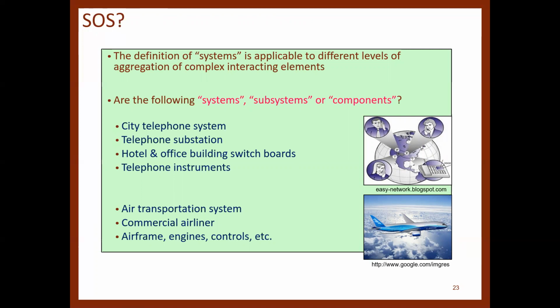So obviously at the top we have the system, the telephone substation will be a subsystem, the hotel and office building switchboards will be a component, and the telephone instrument will be a subcomponent or maybe a part. Same thing for the air transportation system, that will be the system. Commercial airliner will be a subsystem, and airframe, engines, and controls will be components.